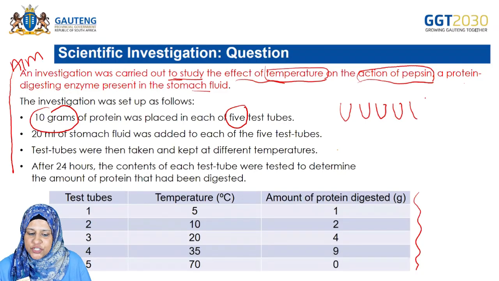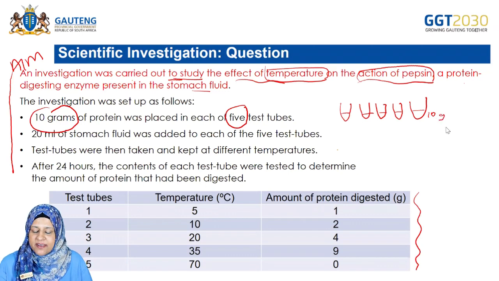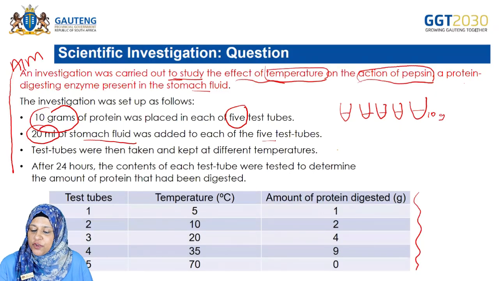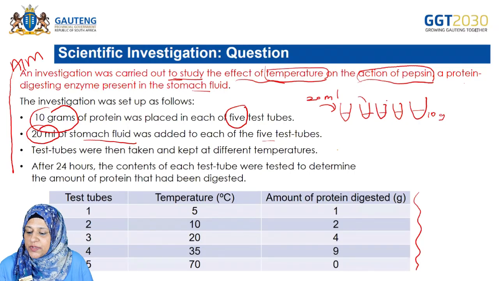So 5 test tubes, and in each one, 10 grams of protein was placed. Then 20 ml of stomach fluid was added to each of these test tubes.